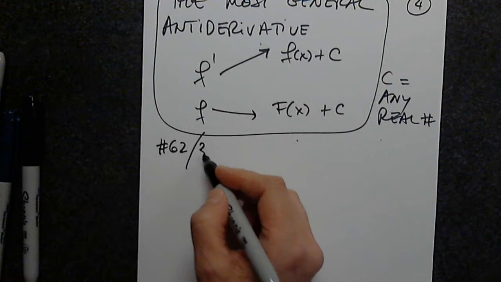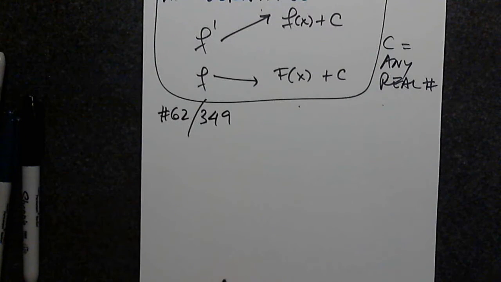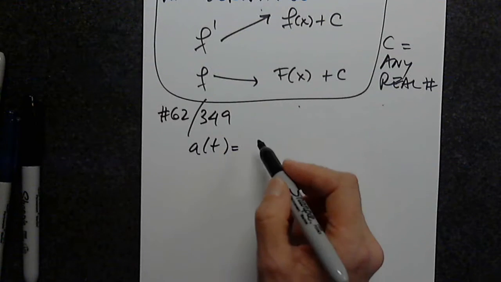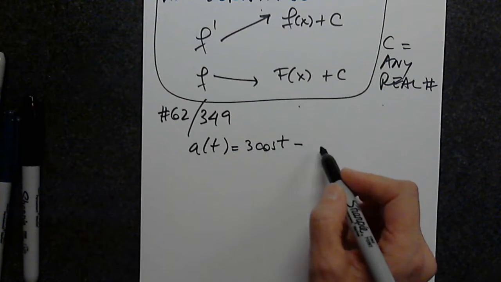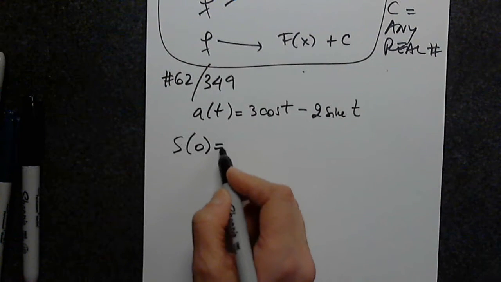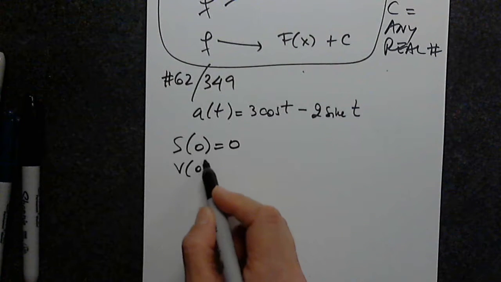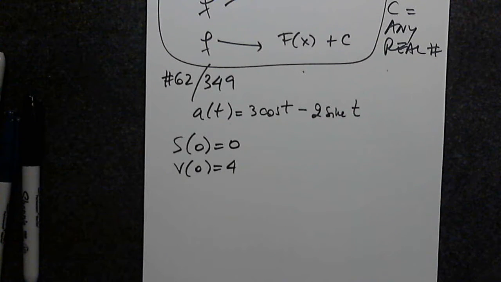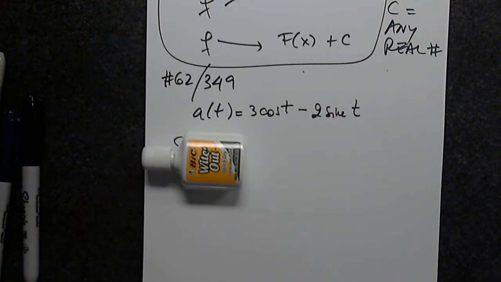On page 349, we have A of t equals 3 cosine t minus 2 sine t. And we are given two conditions. S of 0 is 0 and V of 0 is 4. Disregard these for a moment. We're asked to find, one more time, the particle is moving with a given data. Find the position of the particle, which means the function that gives the distance or the position.